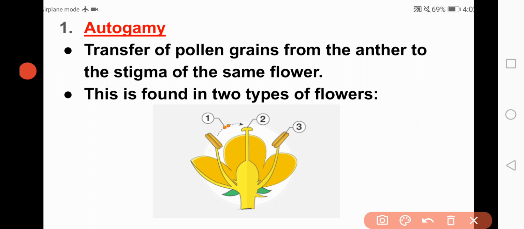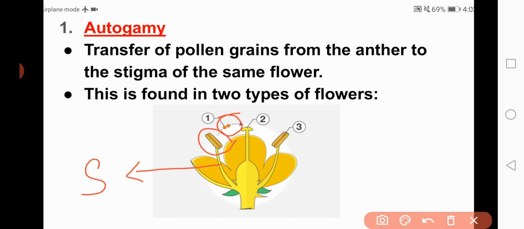So now in this flower, this is the stamen portion which contains the tip part, the anther. And from this anther the pollen grains are produced. So these are the pollen grains.